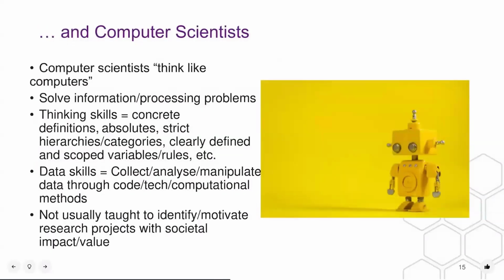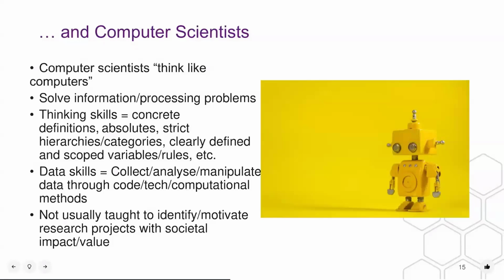Whereas we then have computer scientists. Again, we're making really big generalizations here. But in contrast to the human thinking skills that social scientists have, that familiarity with fuzzy concepts and abstraction, all that good stuff, we could say that computer scientists are taught more to think along the lines of computers.